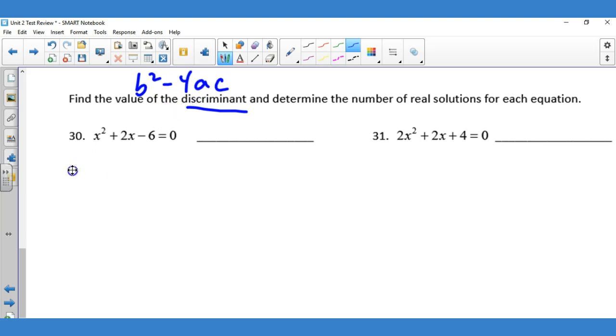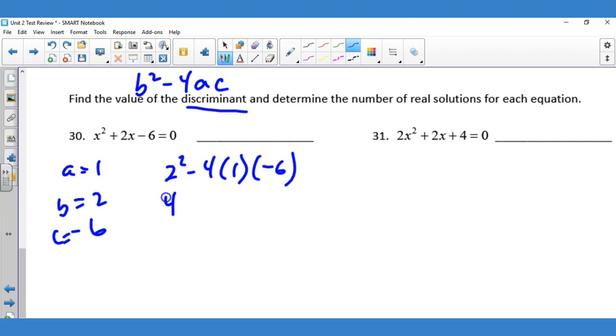For example, right here, A is 1, B is 2, C is -6. When I plug all this into that equation, I get 2 squared minus 4 times 1 times -6. So that's 4 plus 24, which is 28.